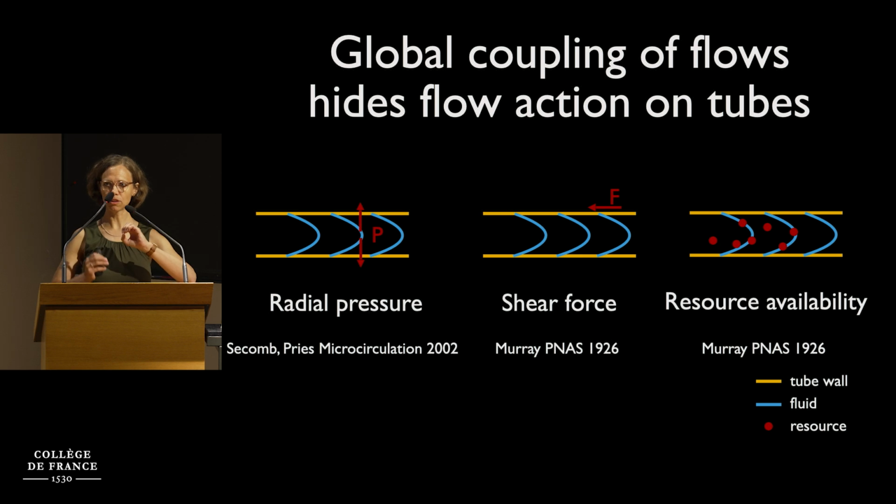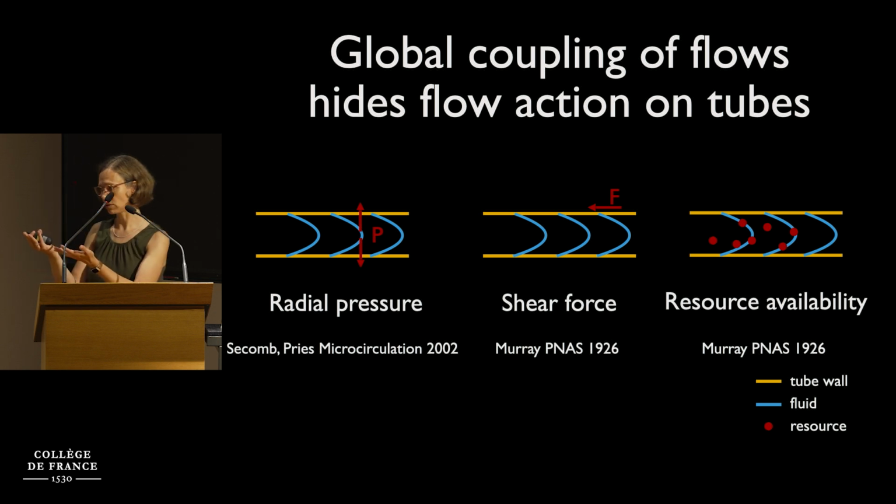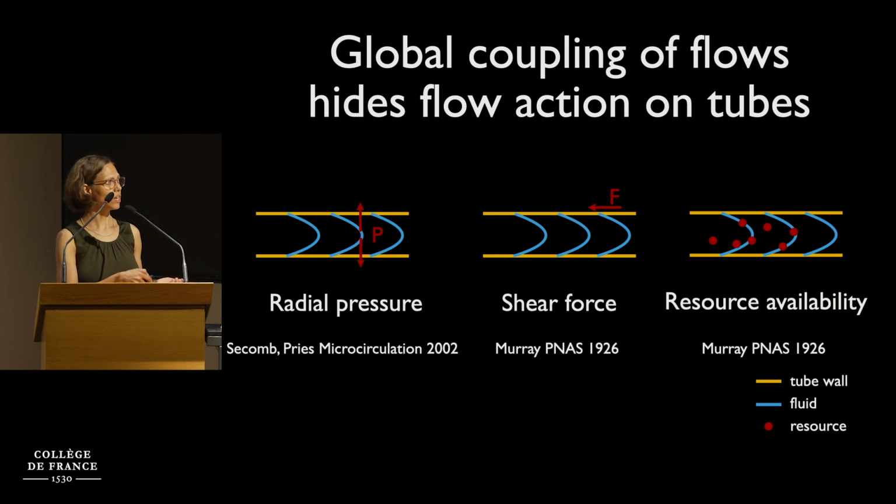Because just by having flow through a tube, the flow is exerting a hydrostatic pressure, the flow is shearing the walls of the tube, exerting a shear force, and the flow is transporting your glucose in the brain and is thereby governing resource availability. So which of those is actually governing the dynamics of tubes, if they're growing or shrinking?